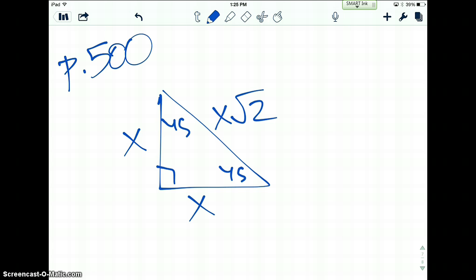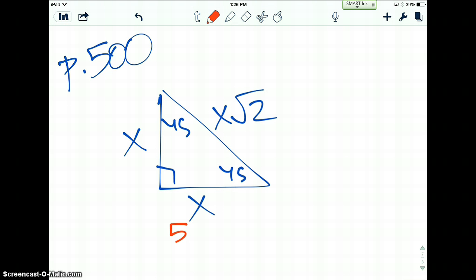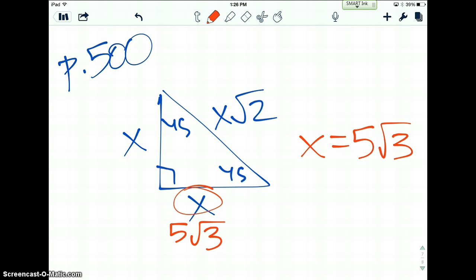Now it told me the length of the leg was 5 root 3. So this x value was worth 5 root 3. Which means in order to find the hypotenuse, I don't need to use the Pythagorean theorem because I have this relationship amongst the sides in a special right triangle, 45, 45, 90.